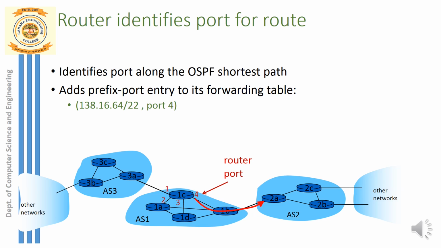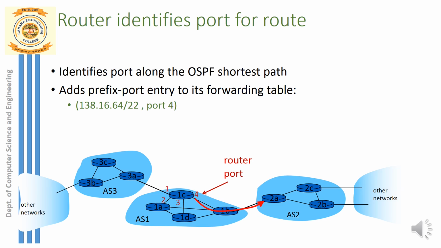First it has to find the shortest path to 1B, and in order to find the shortest path to 1B, it should know the outgoing port, right? So what is the outgoing port? Suppose from 1C to 1B, it can take the path via output port 3, via output port 2, or via output port 4.